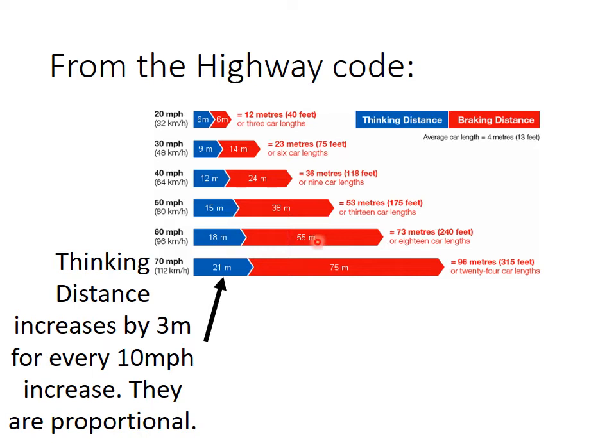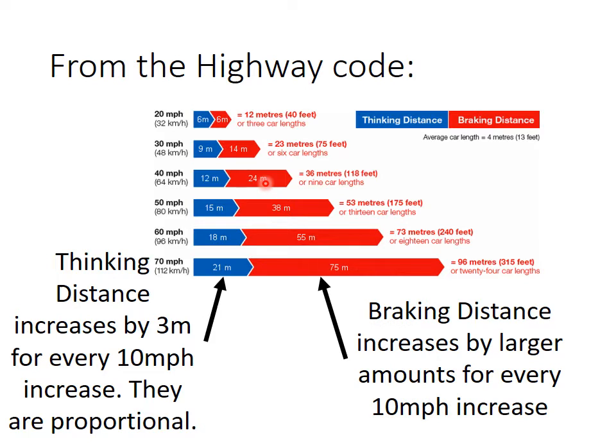When we look at the braking distance, we can see that it's a little bit more complicated because it doesn't go up by the same amount each time. This one goes from 6 to 14, which is 8 meters, 14 to 24, which is 10 meters, 24 to 38, which is 14 meters, and so we can see that each time the distance is increasing by a greater amount.